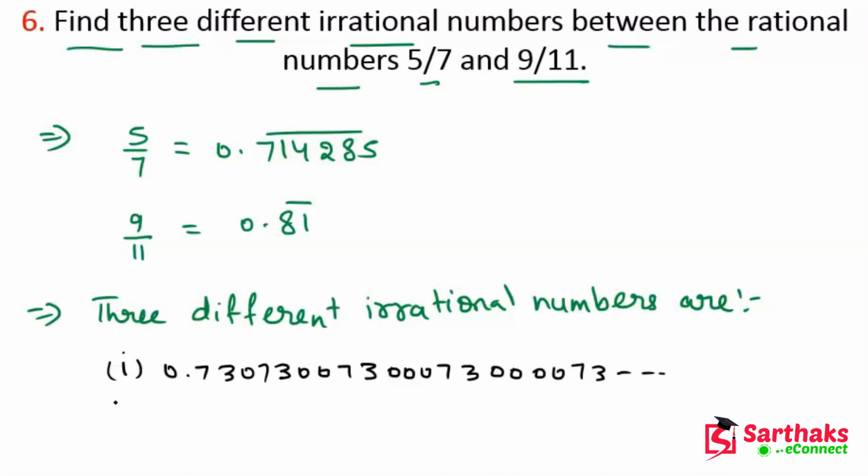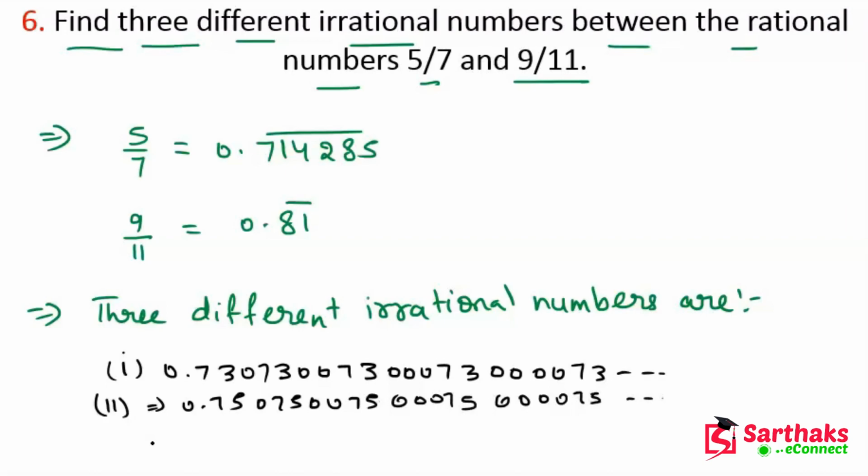The second example is 0.75075000750007500007 and so on.